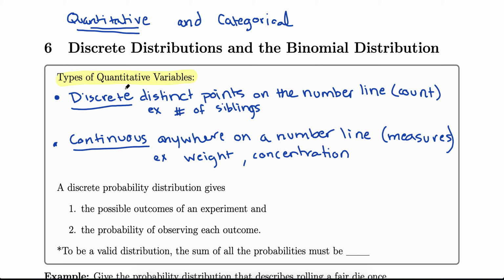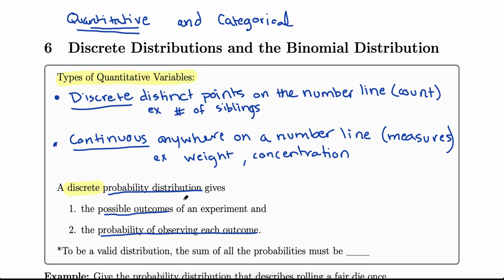For right now, we're going to focus on discrete variables, and later on we'll talk about a specific type of continuous variable. But for the moment, let's focus on discrete. The next definition should sound kind of familiar. A discrete probability distribution is going to give two pieces of information: one, our possible outcomes, and two, the probability of observing each one.